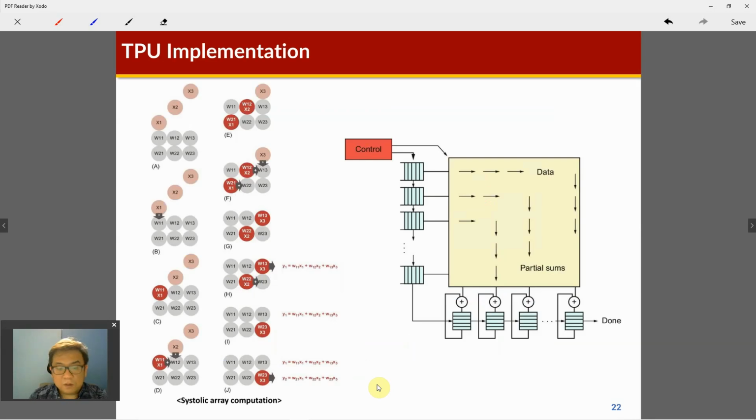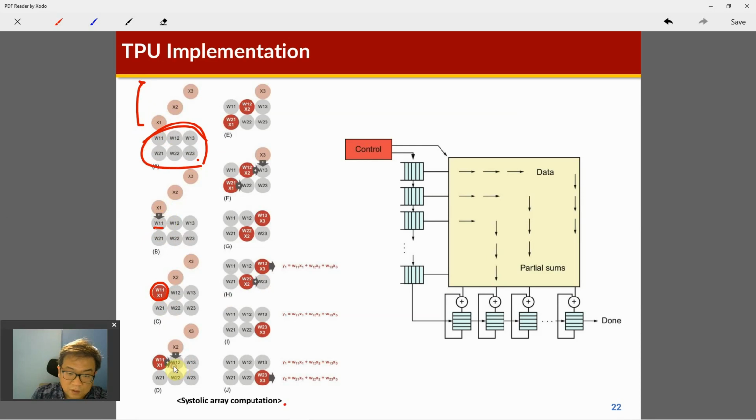Also, the TPU supports matrix multiplication, and actually the TPU supports systolic array computation. This figure shows the data flow of the systolic array computation. So these are the input data, and these are the weight matrix. Firstly, the input x1 is multiplied by the weight w11, and this partial result is computed.